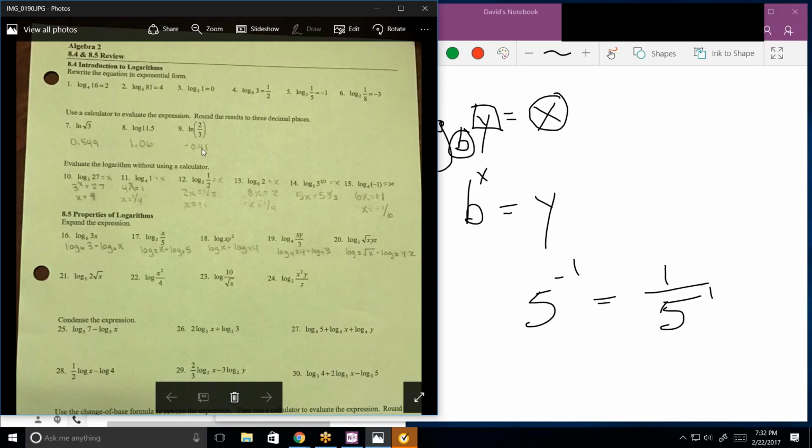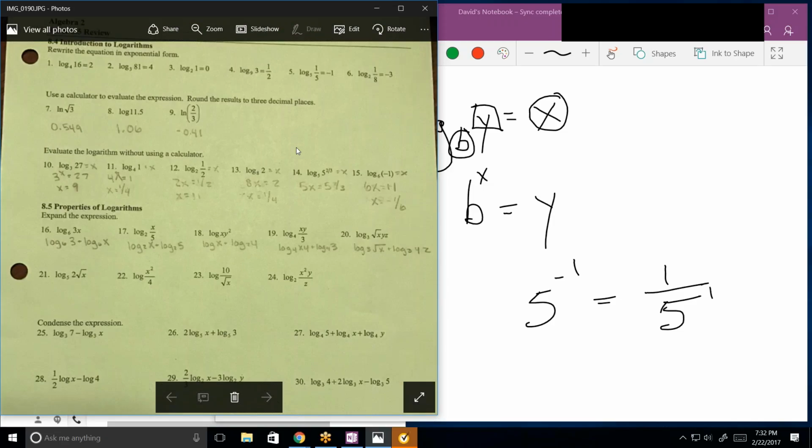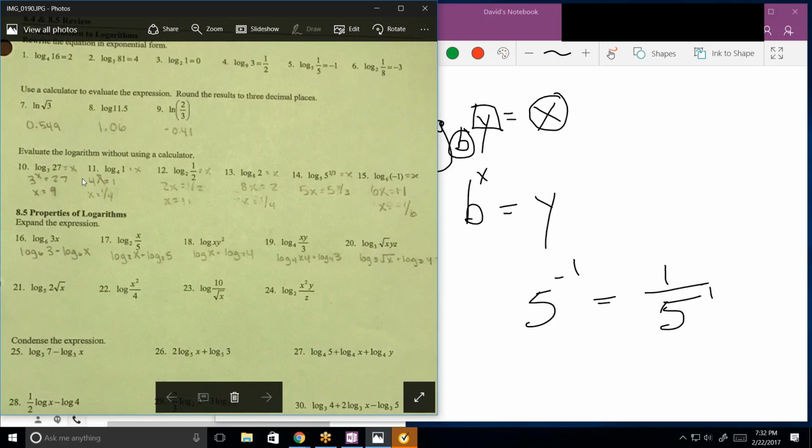You need to find out the third and probably the fourth decimal. In order to round it, you're going to need to know the fourth decimal. In other words, I don't know if this 9 is correct. Depends on what the next number was. Okay.